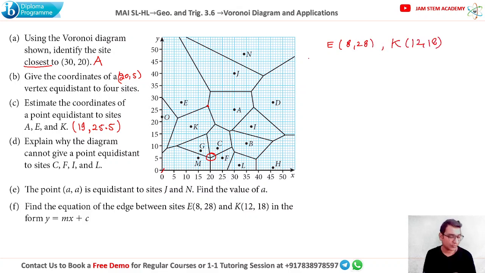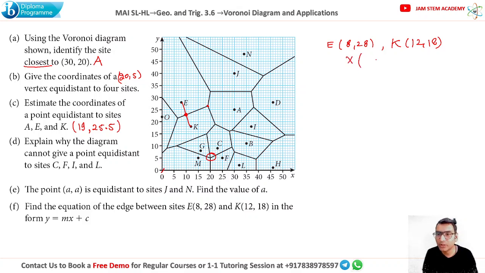So let's find the equation of the perpendicular bisector of these two. For finding the equation of the perpendicular bisector, first we need to find the midpoint of these two. We have E and K, and let's find the midpoint of these two. Let's call it x.